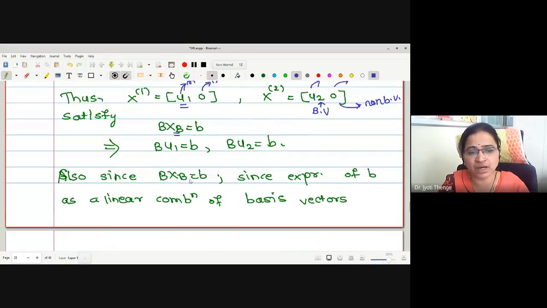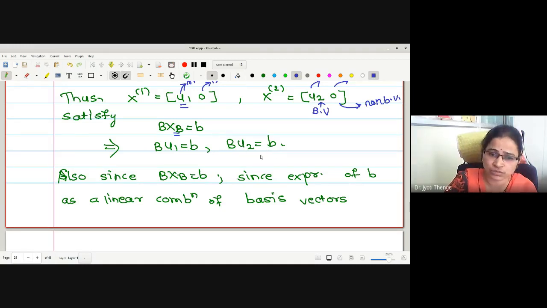But whenever I am writing B xb is equal to b, b is a linear combination of the basis vectors. The vector b is the linear combination of basis vectors. This combination must be unique, but already we have written that B u1 is equal to b, B u2 is equal to b. Therefore, these three vectors, xb, u1, u2 are not different, they are the same.